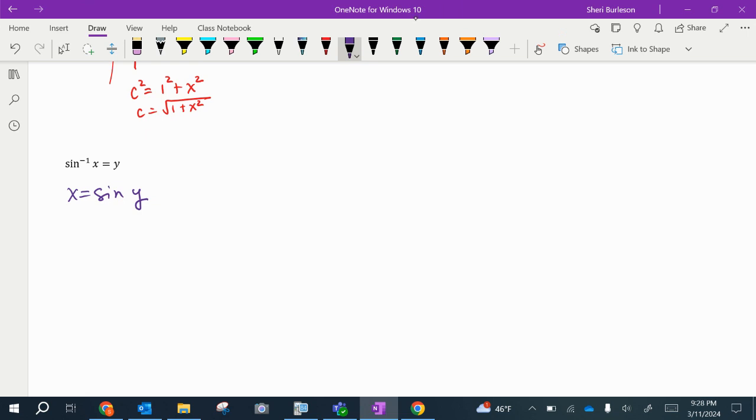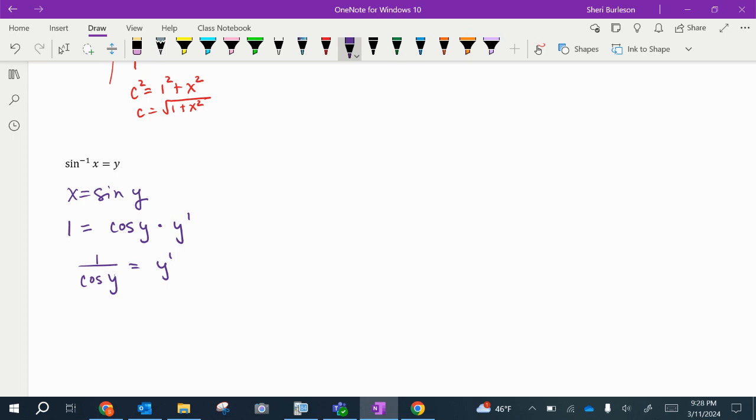So now if I take the derivative of both sides, 1 equals derivative of sine of y is cosine of y times y prime. So now if I solve for y prime, I'm going to get 1 over the cosine of y equals y prime.